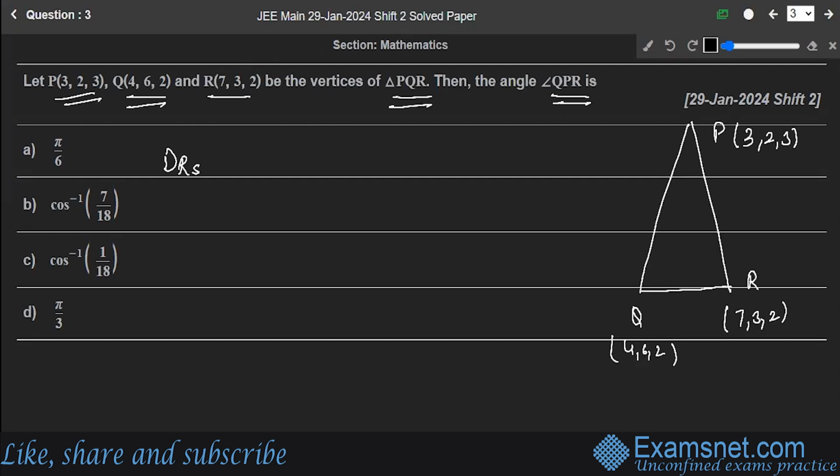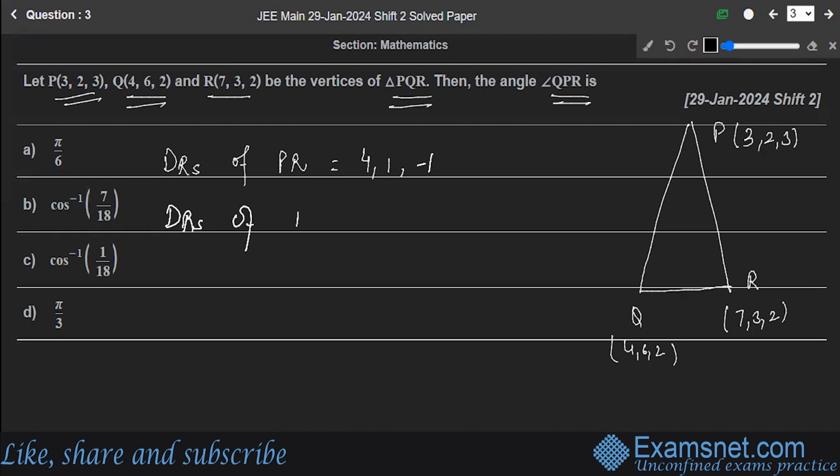What are the direction ratios of the side PR? It's given by PR. P is this, R is this: 7 minus 3, it will be 4; 3 minus 2, 1; 2 minus 3 will be minus 1.